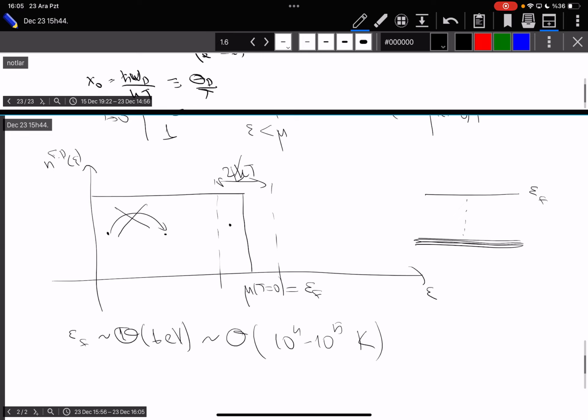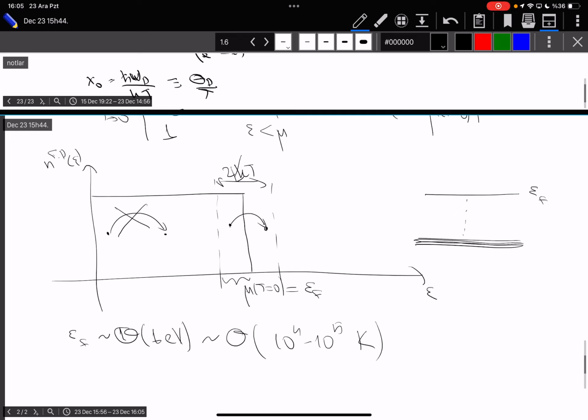For example, this electron over there, when it absorbs an energy kT, will move over here. And there is an available state over there, so it will be able to absorb it. So what this basically means is that when you are considering thermal energy, only the electrons within these energy levels will participate. The other ones cannot absorb the thermal energy. They are frozen.